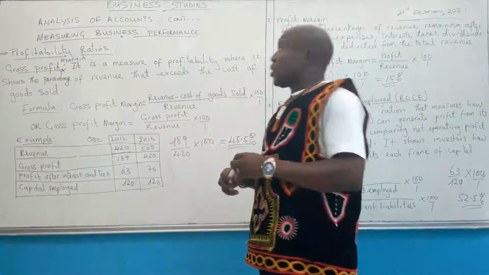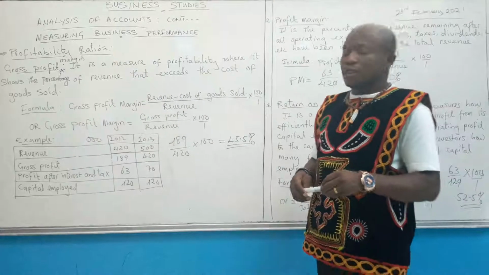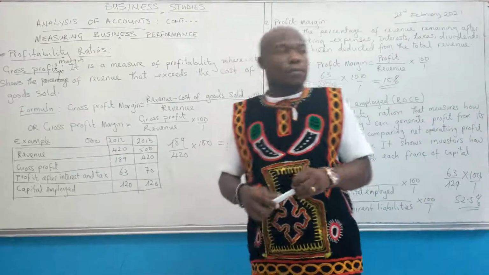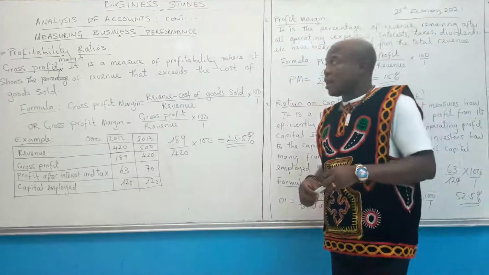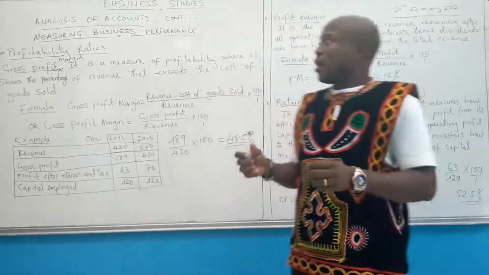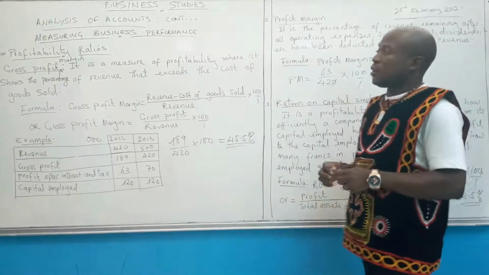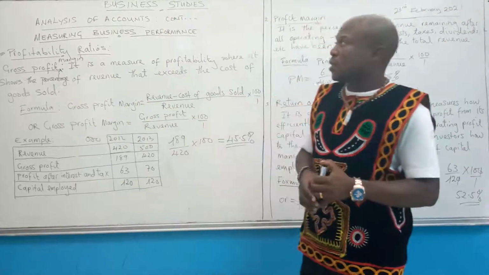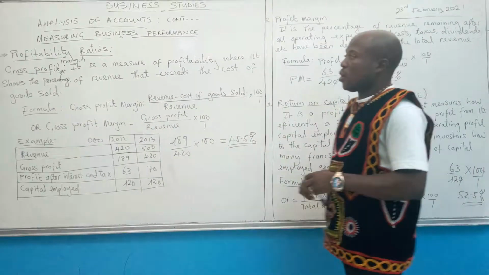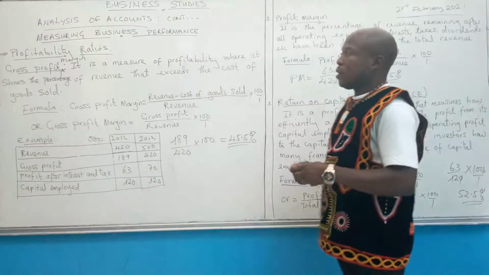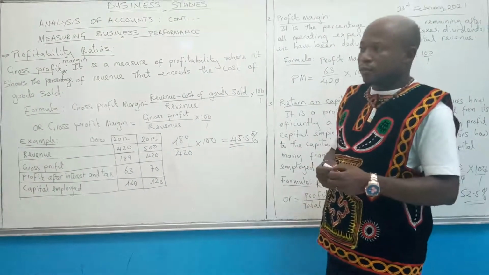We started the topic analysis of accounts in our last class, and we looked at what profit is, and we also looked at ratios. We also looked at measuring business performance, and under measuring business performance, we looked at profitability ratios and liquidity ratios.